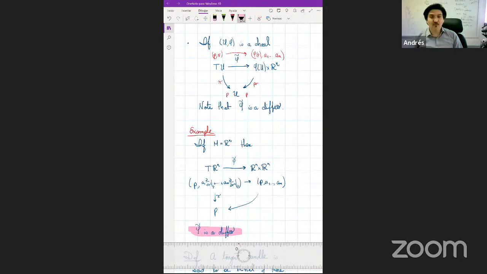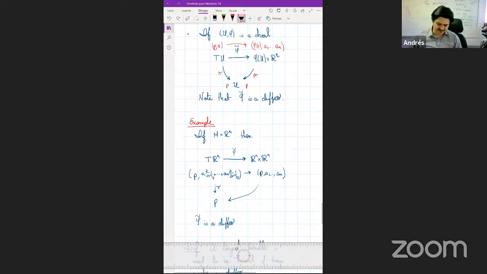The reason why this works is because on Euclidean space we have global coordinates. So I can define this. It is nothing different than what we have done before on the open sets of a chart. It is the same. But we know that Euclidean space admits a chart that covers the whole space. So I have a diffeomorphism.